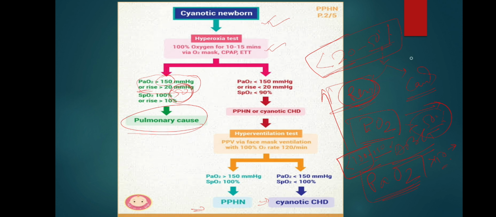But if the PaO2 is less than 100 and the rise is less than 20%, then it is a clear-cut diagnosis of congenital cyanotic heart disease.